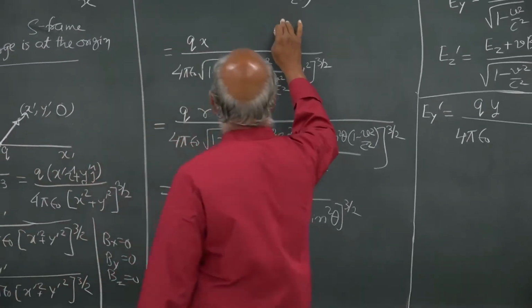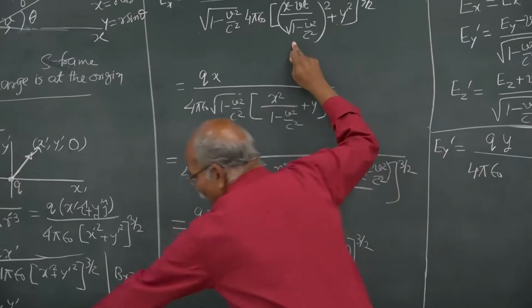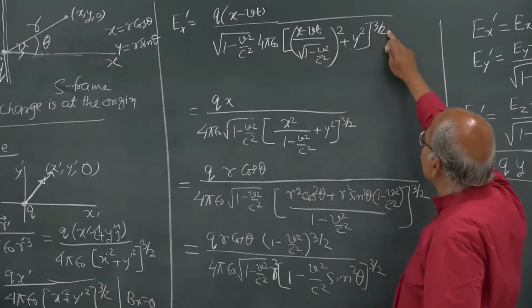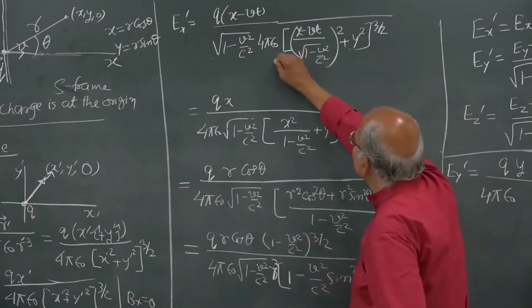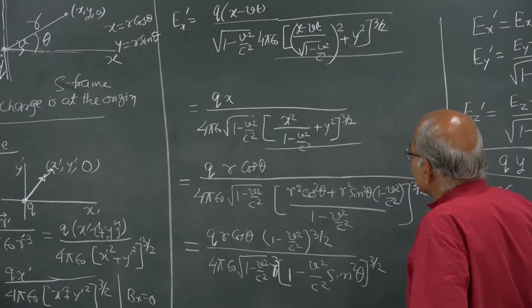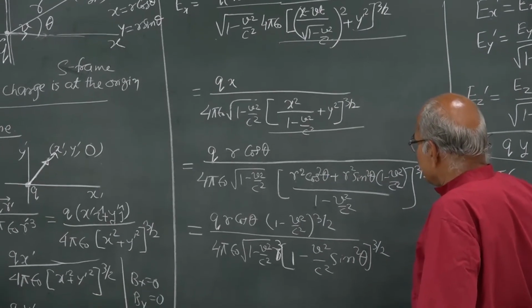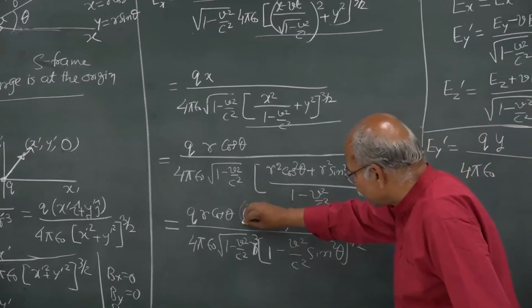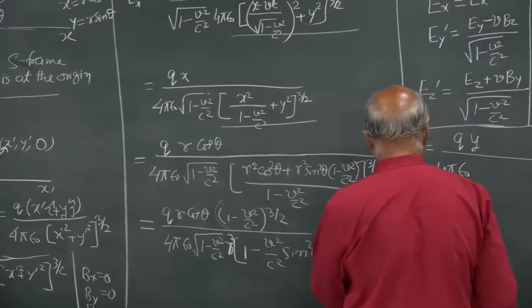Okay, that is just this thing. This same thing I have written here, (x prime square plus y prime square) to the power 3 by 2, and that simplifies to this here, and that simplifies to this here. So, let me write directly.